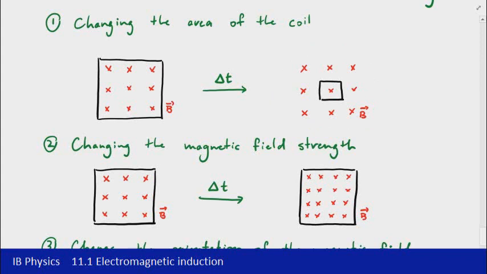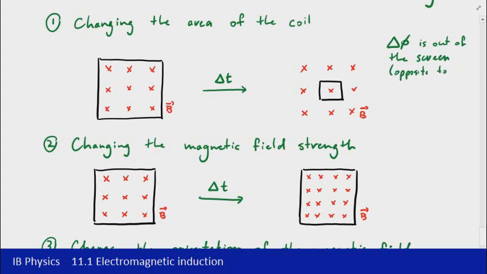So the change in flux is actually going to be directed out of the screen. So that's the first point to identify, that delta phi is out of the screen.